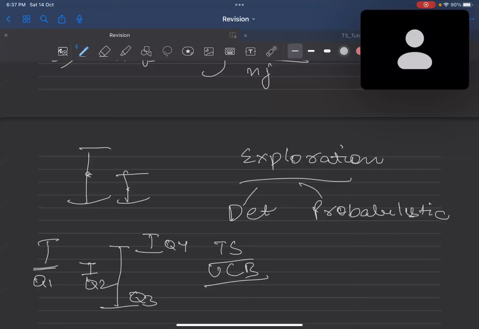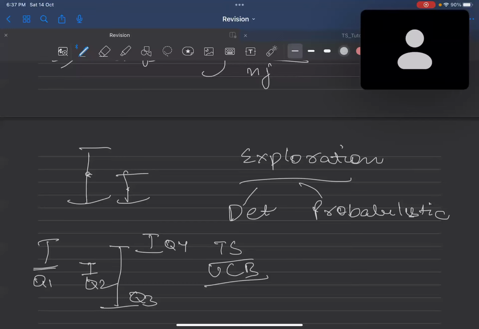I'll explore whosoever is not explored, because after seeing the confidence bound, the algorithm will pick the action with the highest UCB, upper confidence bound. That is deterministic, I can say. On the other hand, in Thompson sampling, the actions are based on the posterior distribution, more stochastic. Exploration is stochastic, if in that sense we can see. This is a different view I am giving of the same thing.